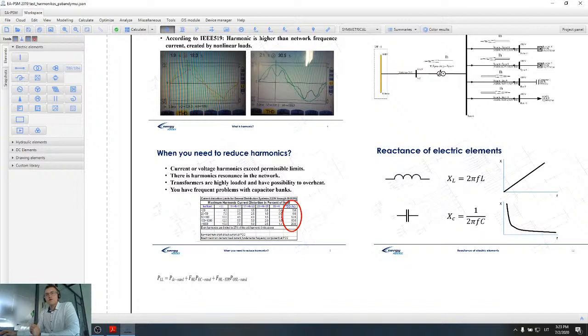Then there is one more question by Mr. Kumar, and what are the nonlinear loads which cause harmonics? So as I have mentioned, in electrical networks, these are mainly variable frequency drives which are used for motor speed regulation. Then we have inverters, most commonly of solar power plants. So these inverters also generate nonlinear currents.